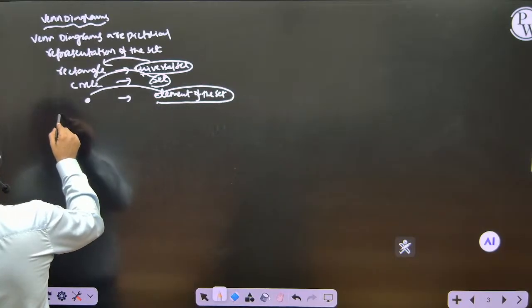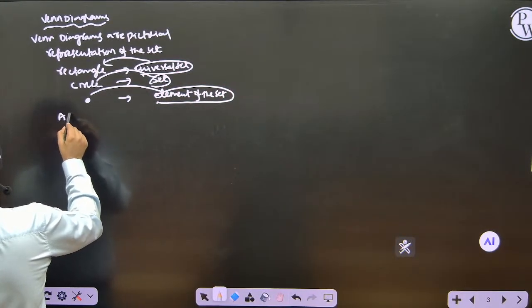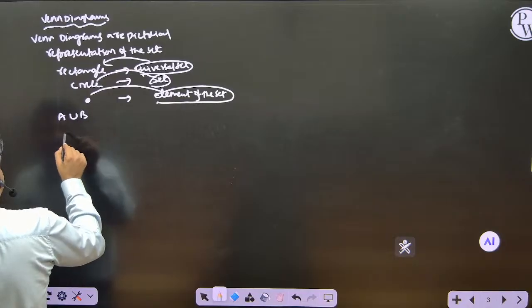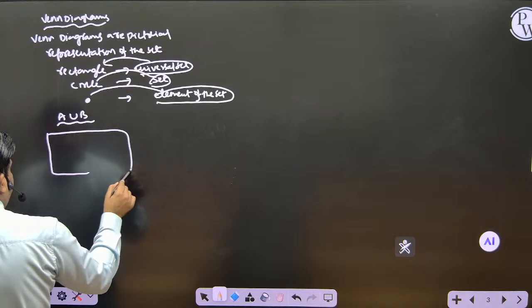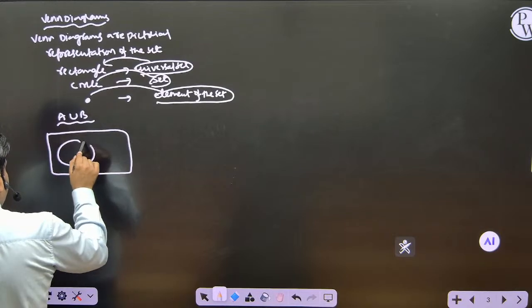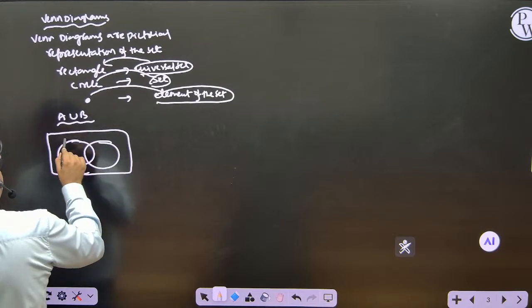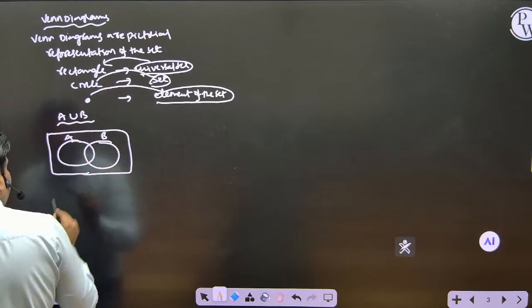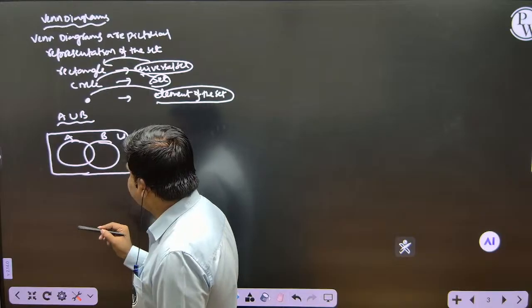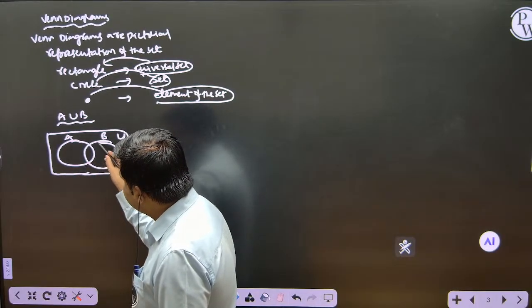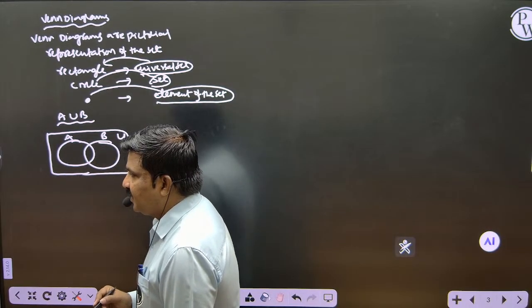Now, if I write A union B, how do you represent this set? See, this is set A, and this is set B. The rectangle gives the universal set, and the sets in that universal set are denoted by circles.